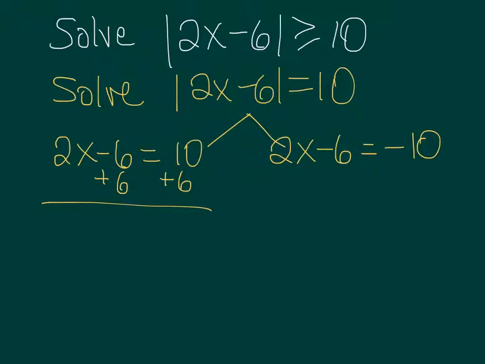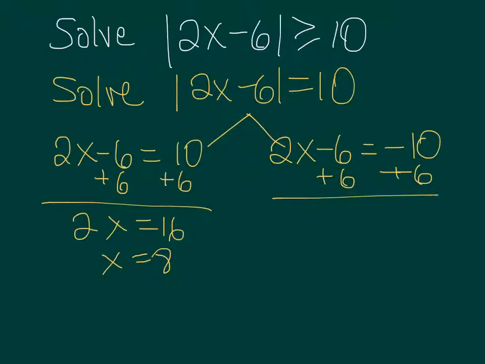Add 6 to both sides. 2x is equal to 16, so x is equal to 8. That's one possibility. Or add 6 to both sides over here, and we get 2x is equal to negative 4, or x is equal to negative 2.